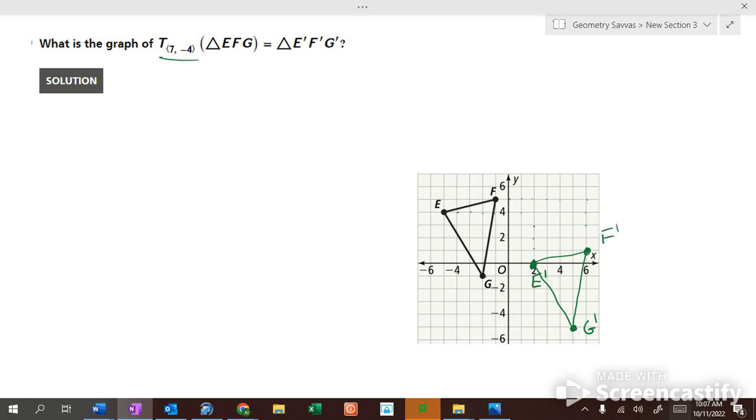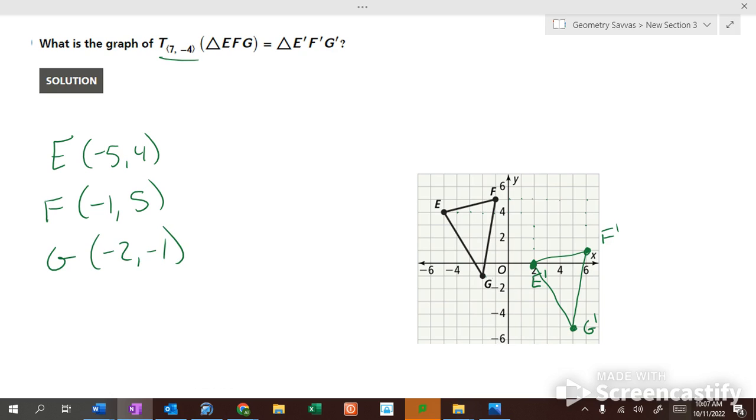All right. So, if you look at the points, E was at -5, 4. F was at -1, 5. And G was at -2, -1. What we really did is we added 7 to each x and -4 to each y.